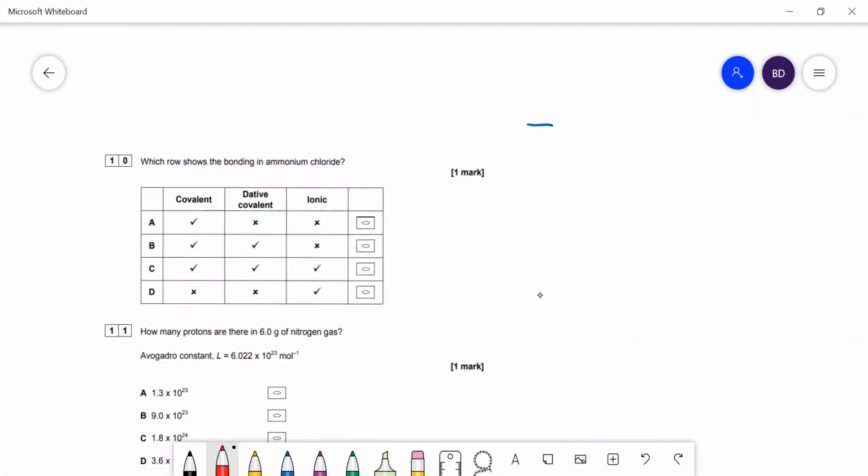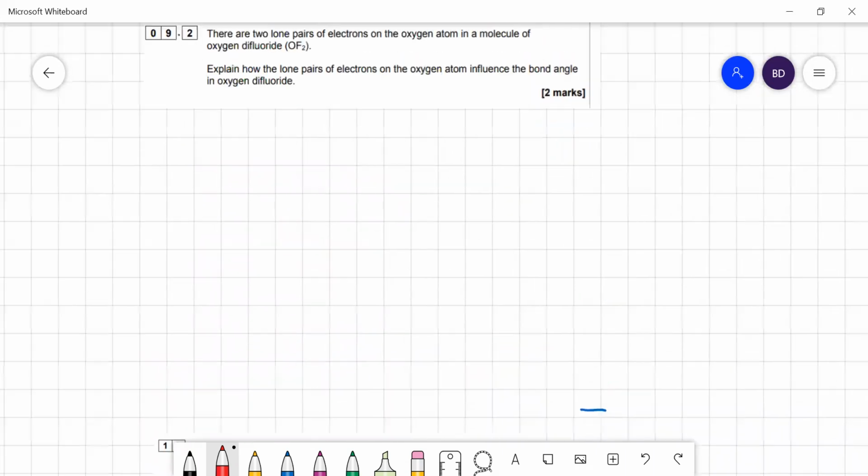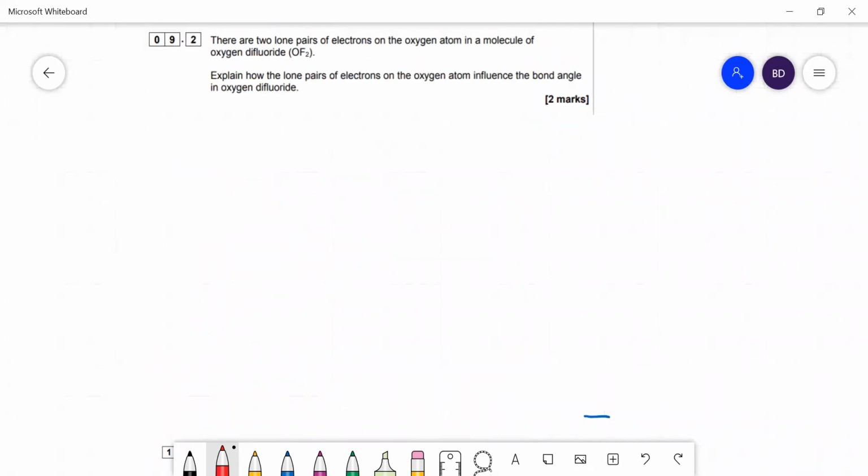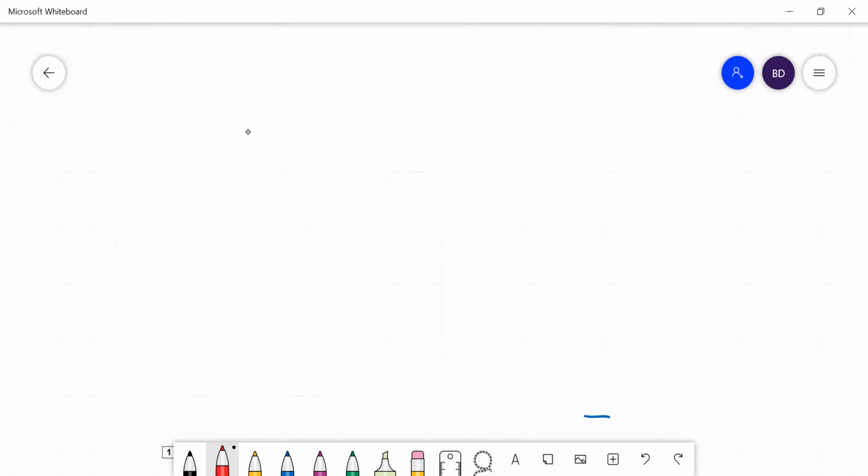There is a question missing there. 9.3, it asks us about the strongest kind of intermolecular force present in the, so I'll paste that in in 1 minute.